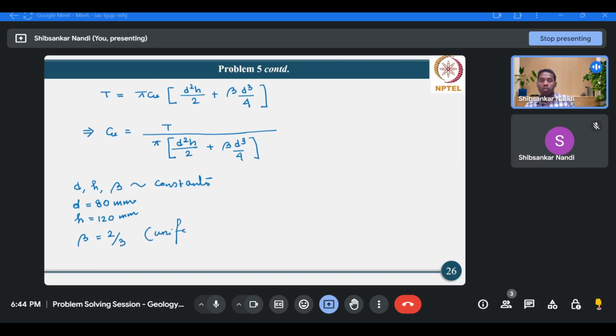So in this way, d, h, beta become constant. So therefore, as you can see, your cu is proportional to T. So whatever undrained cohesion you will get, that will be linearly varying with the applied torque.